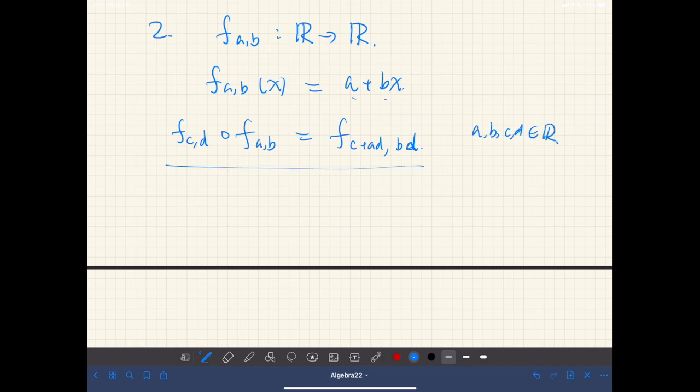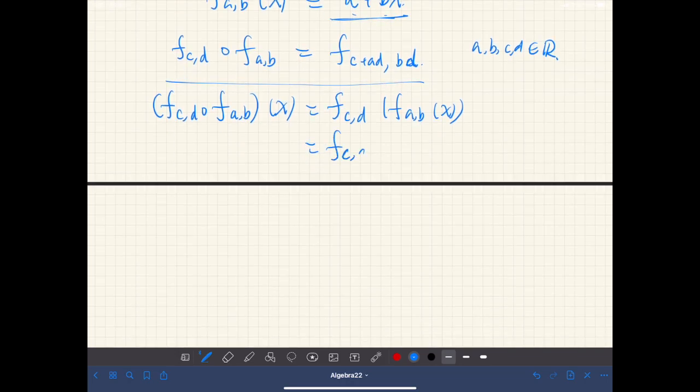To see this, we just apply the definition. f_cd after f_ab of x is, since this is function composition, by definition f_cd of f_ab of x. Then apply the definition of f_ab: we have f_cd of a plus bx.